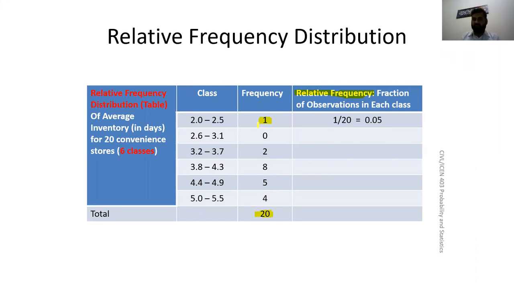So I will divide this 1 by 20. If you divide each frequency by the total number of frequencies, 1 divided by 20 gives you this, 0 divided by 20 gives you this, right? Then 2 divided by 20. So I will divide each frequency by the total frequency to get the fraction of that particular class.